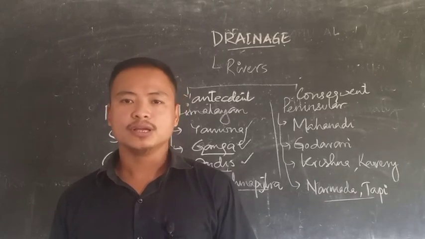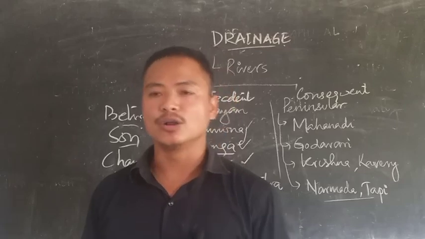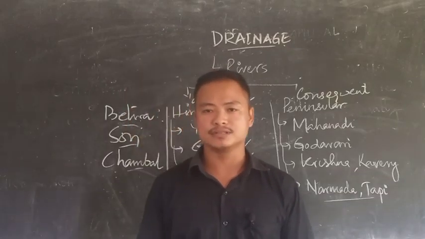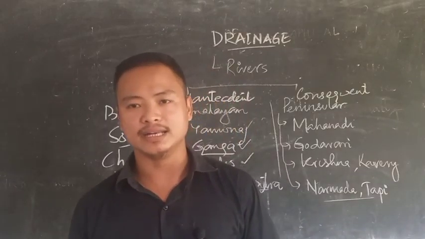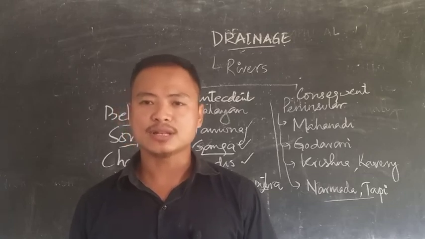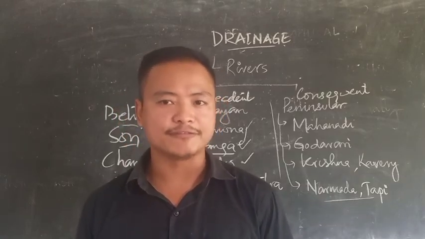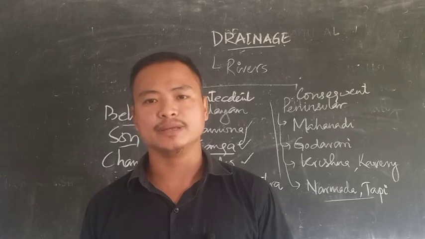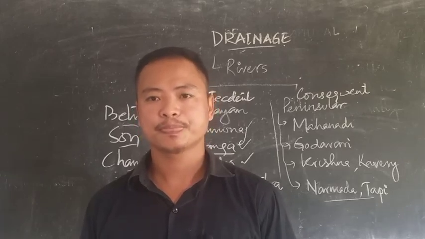And also the Himalayan rivers, since they originate in the snow-clad mountains, are perennial in nature. While peninsula rivers, since they are mostly rain-fed rivers, are considered to be non-perennial rivers.